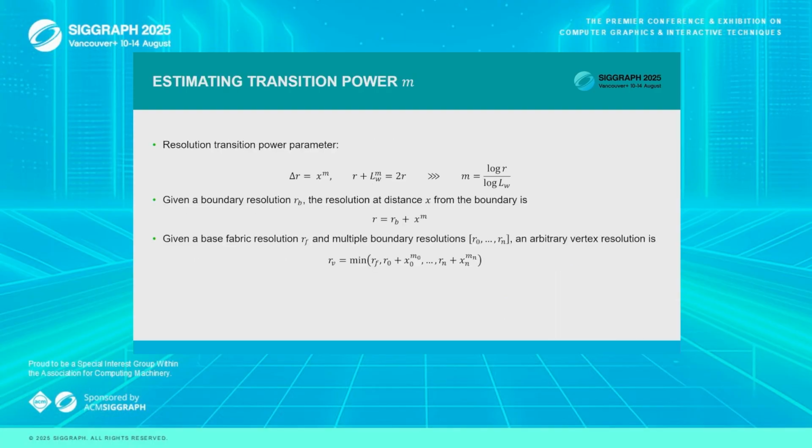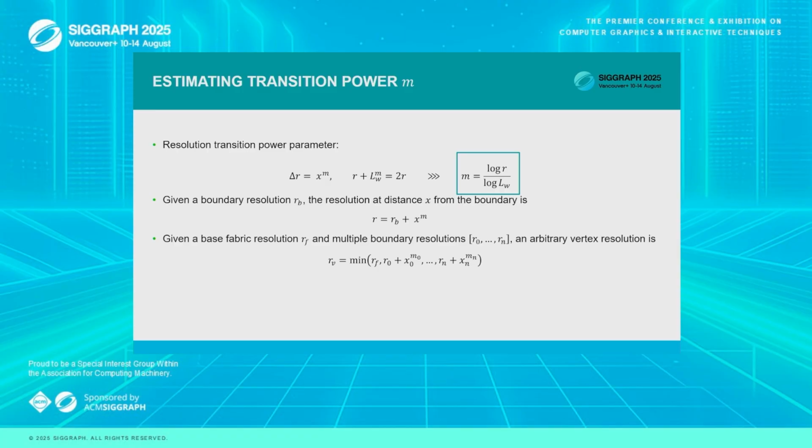In our method for mesh resolution propagation, we assume that the resolution increases with distance and also follows a power law relationship. Specifically, the power parameter m is calculated as the logarithm of the resolution ratio divided by the logarithm of the transition distance.